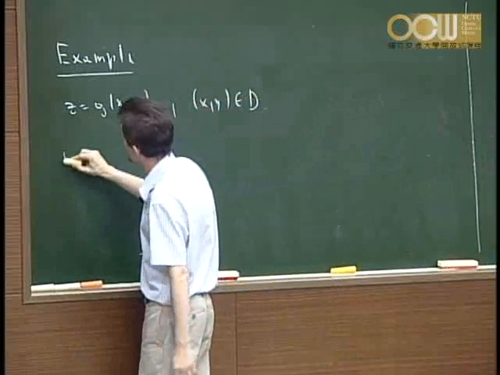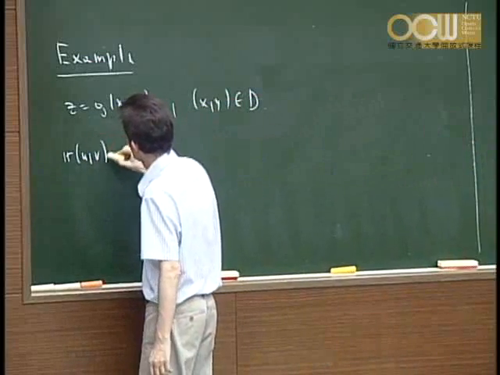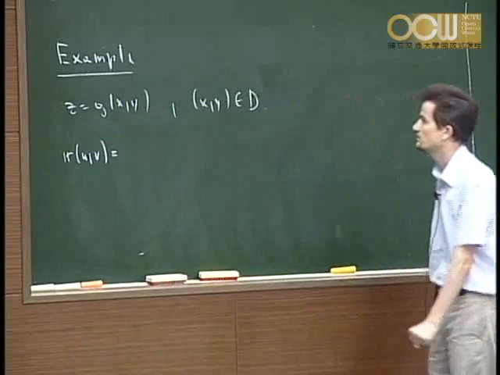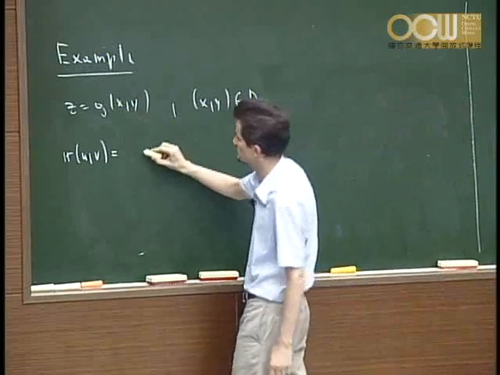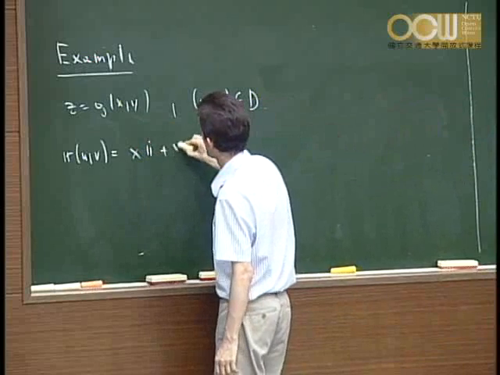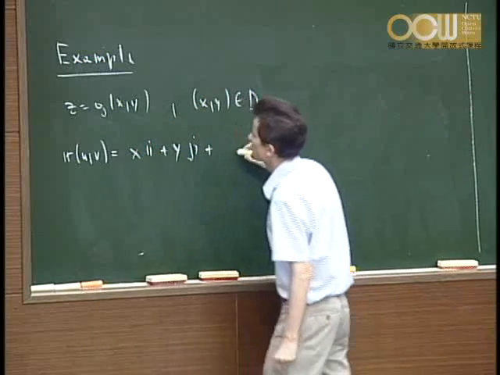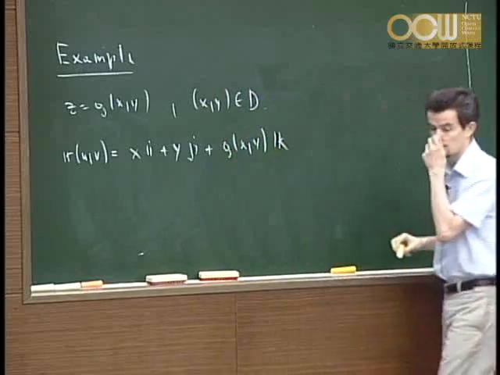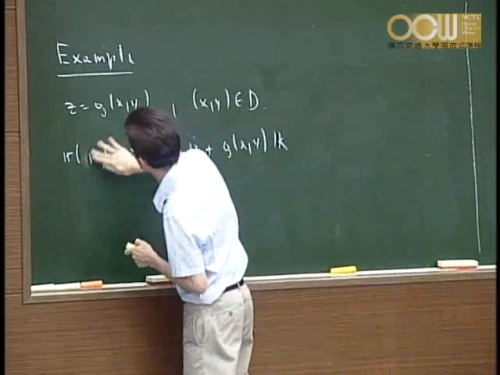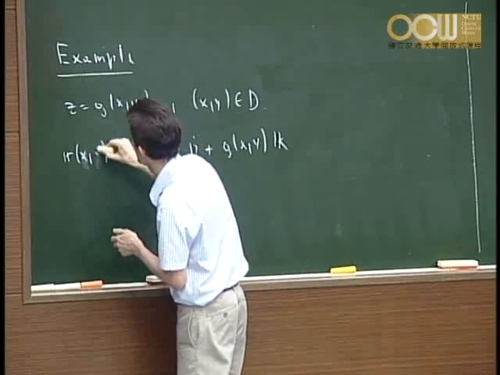So first you have to find the parametrization of this surface, but this is not complicated. You take just x and y as parameters, so you have r = x i + y j + g(x, y) k. So actually our parameters u and v are now x and y.